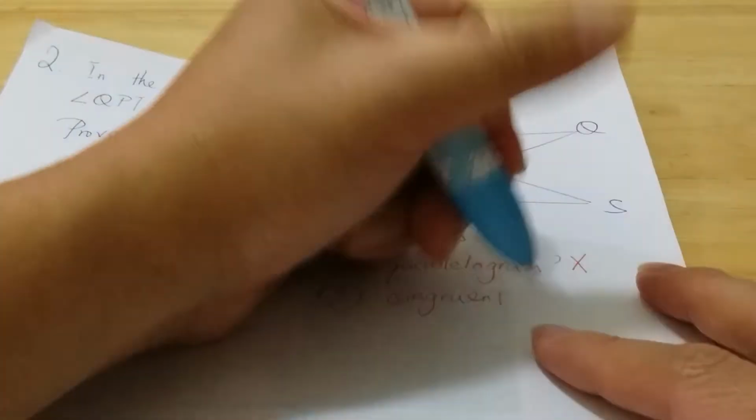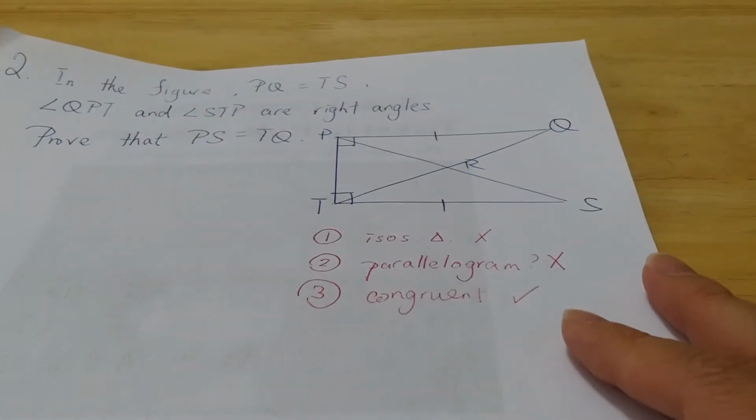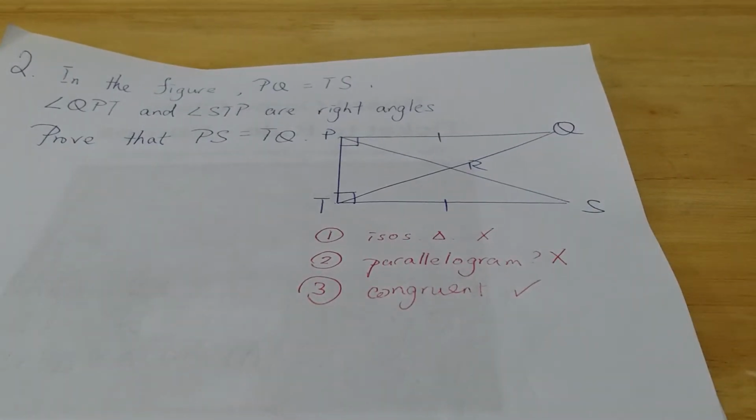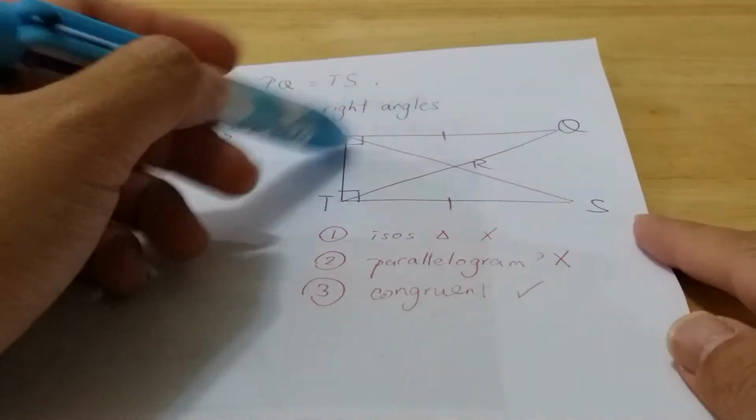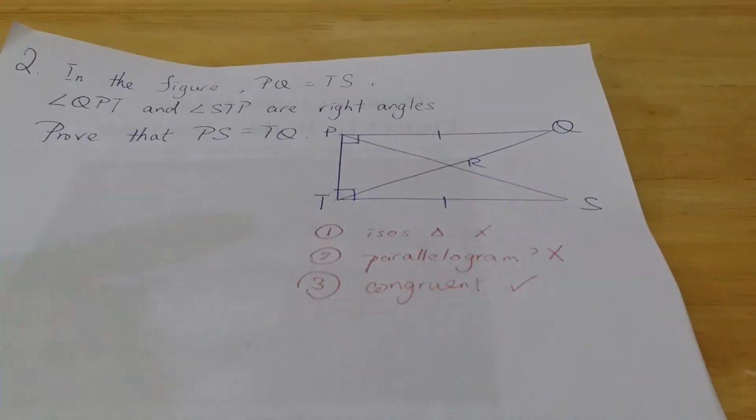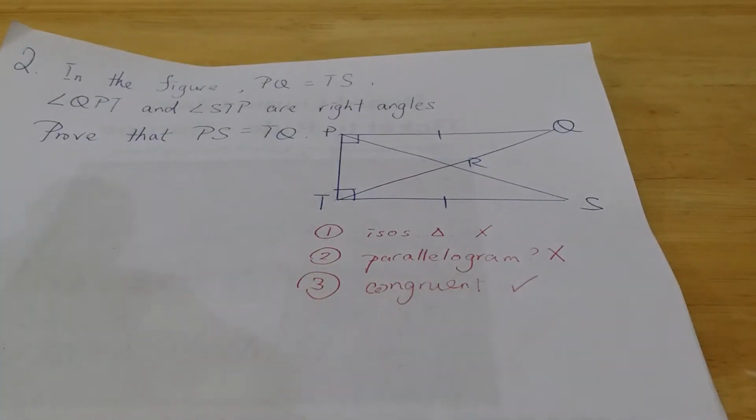Now, if we are going to use congruence, which two triangles are we going to use? Obviously PS equals TQ, so there must be triangles that include PS and TQ.